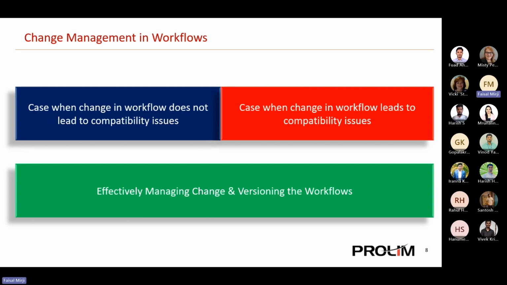Versioning was becoming an issue, so at that time we had to clone the workflow, create a new workflow, and use that workflow from here on. That way versioning of workflows was handled, and the old data, which had three approvals, was also working fine.